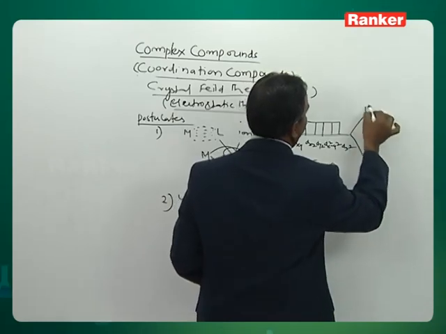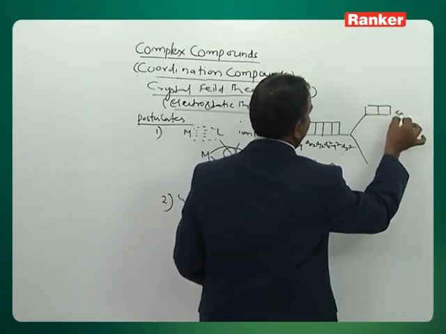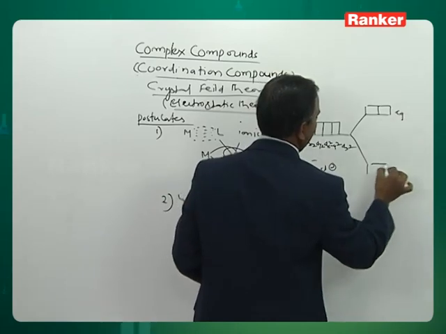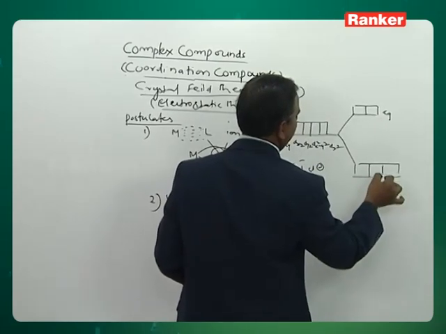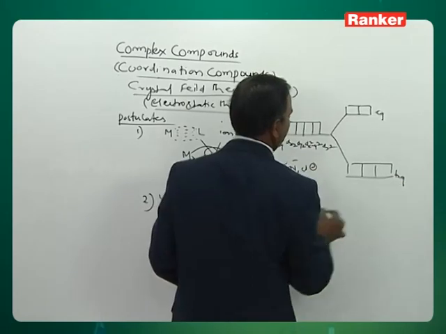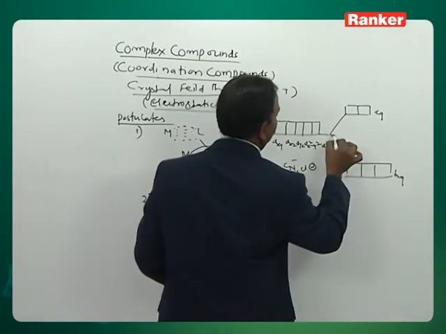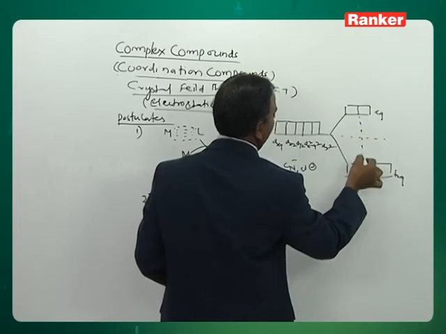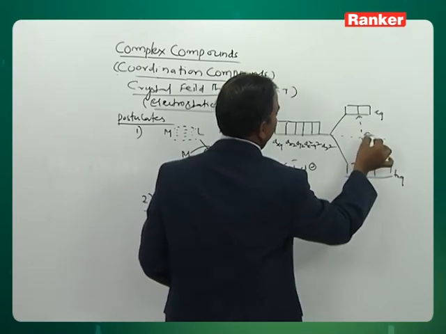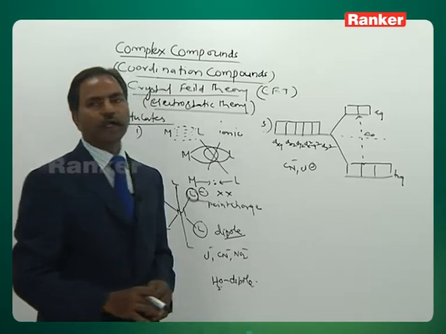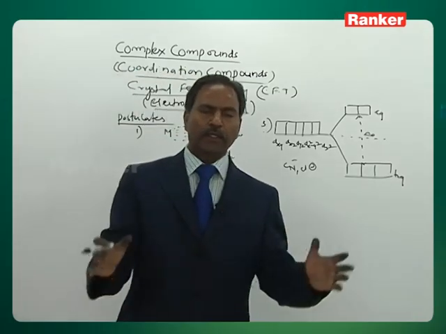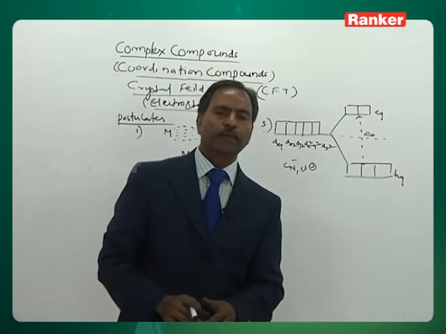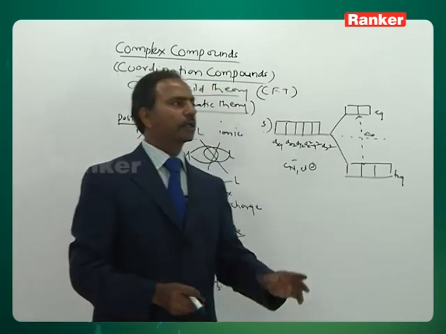The higher energy level is the eg set of orbitals, and the lower energy level is the t2g set of orbitals. The energy difference between these two sets is delta O. Delta stands for energy difference, and O stands for octahedral geometry.